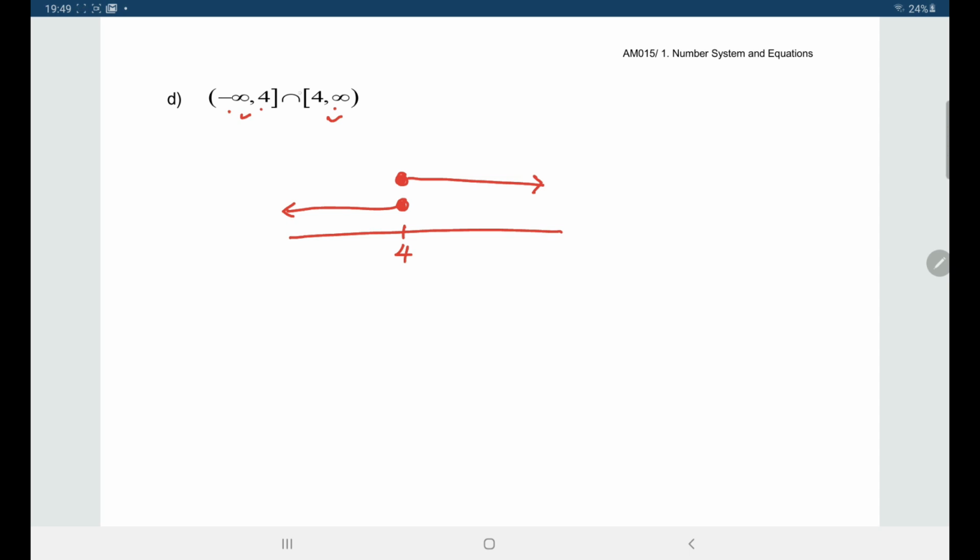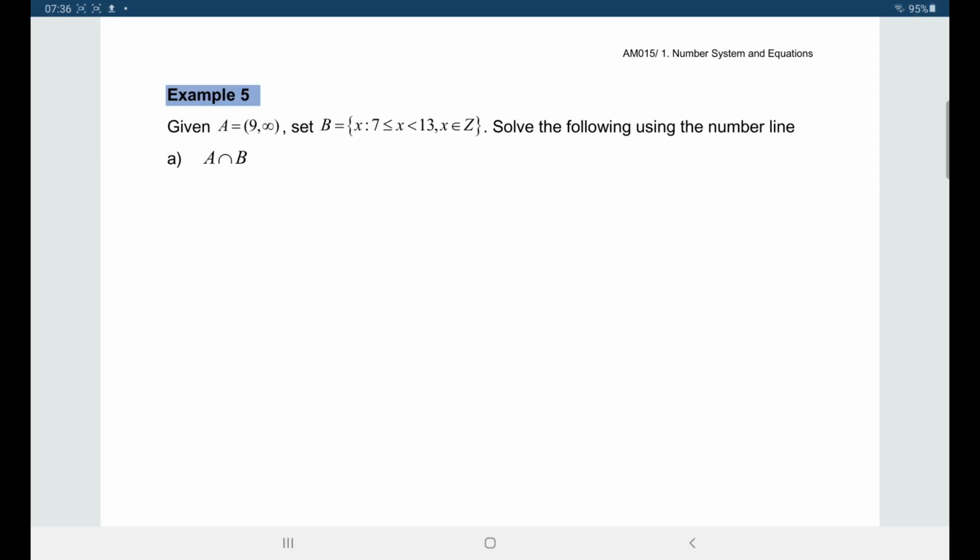We join the relation. The sign is intersection. From the diagram, the intersection between the two intervals is number 4. So the solution set equals the set of number 4 only.